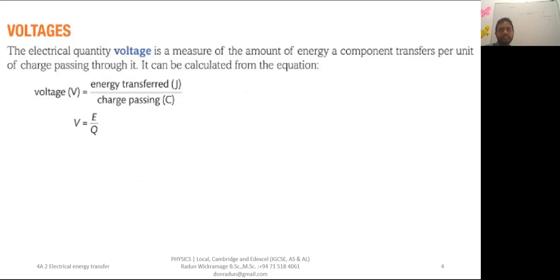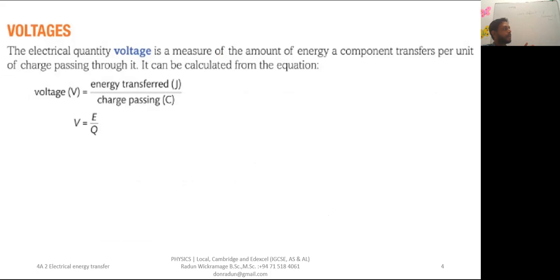Right. So voltages are of two kinds. Some of them are EMF sources, electromotive force sources. Some of them are PDs, potential differences. Electromotive force always transfers some other form of energy into electrical energy.